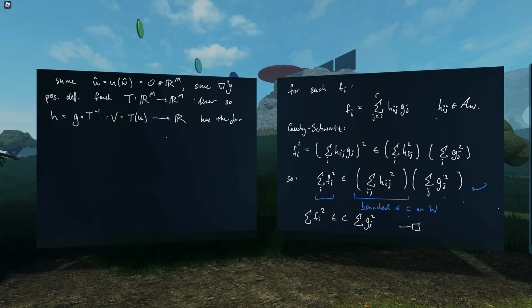and the form. So all this is saying is that we're just changing the coordinates so that the Hessian of H is just all one.